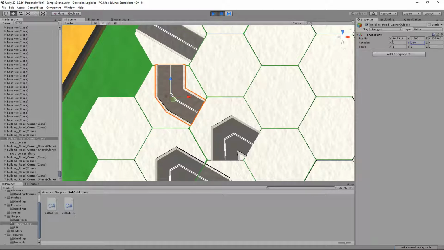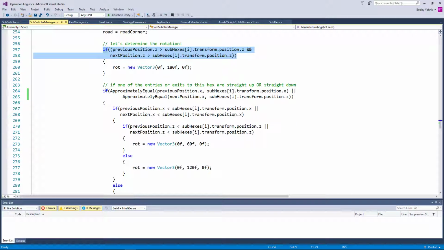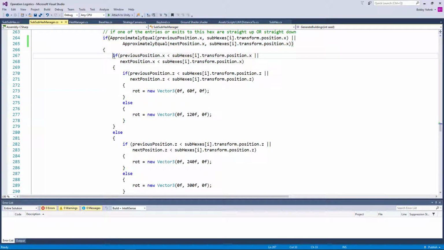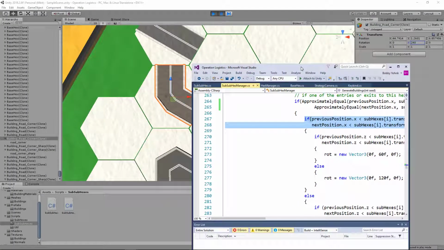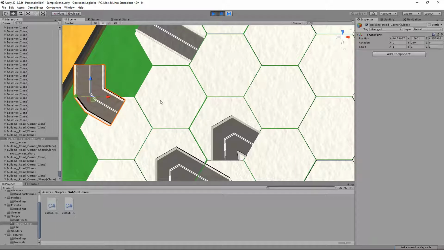So, we know that this position is equal to our x position, the top position. So we know we're going out of the x. So if approximately equal, here, this is true. So we know this is true, so we are inside of here. So if previous position.x is less than our x position, or next position is less than our x position, so if we're going this direction, that's not true.